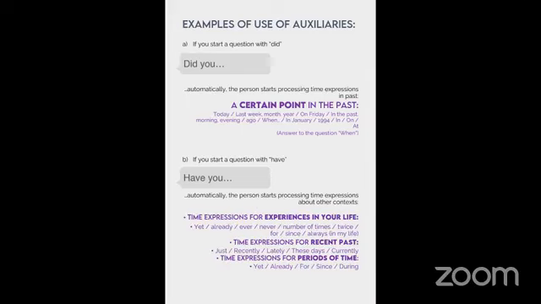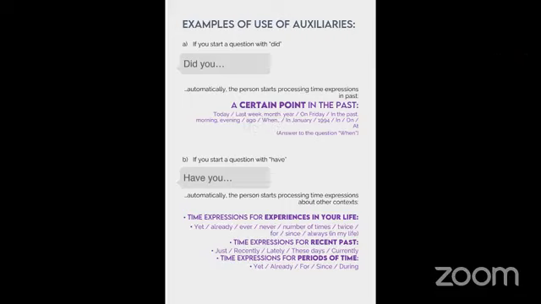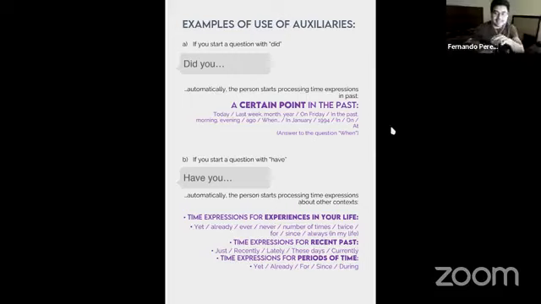A long time ago. Since. A long time ago is for did you. Here is ago, no for have. Okay. That's precisely the importance of this specific logic, because you need to match the time expression with the auxiliary.